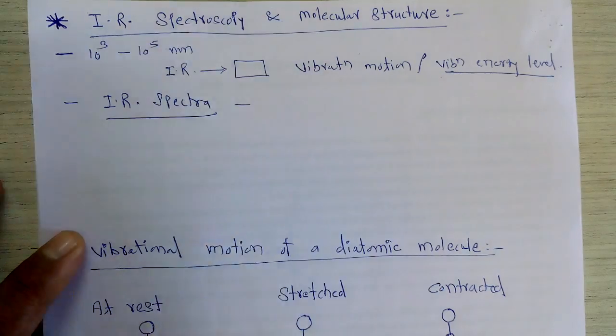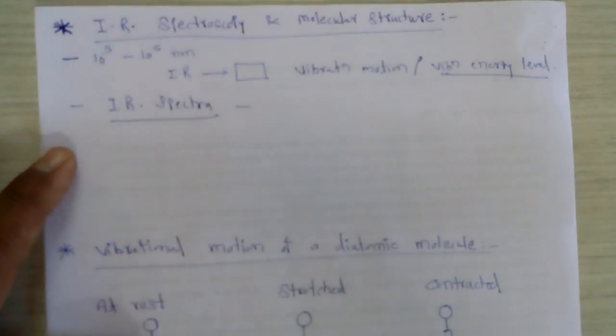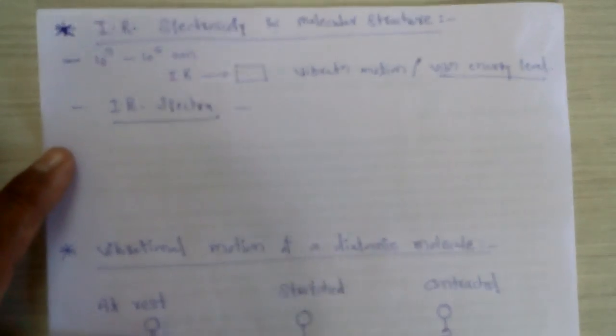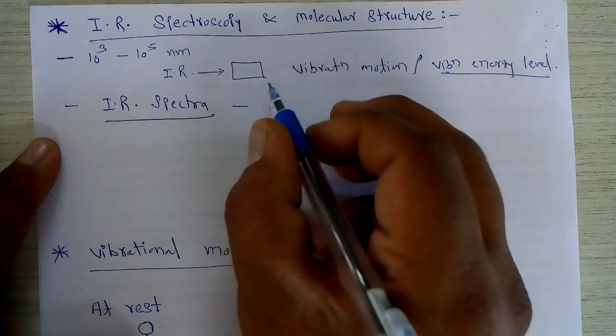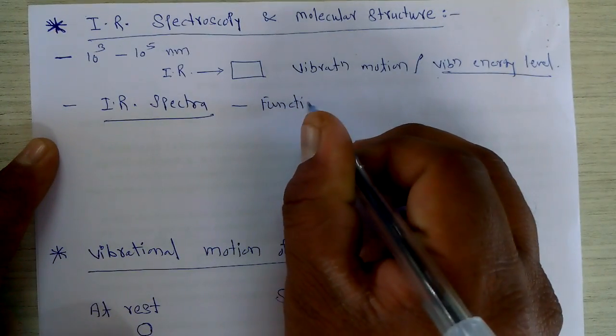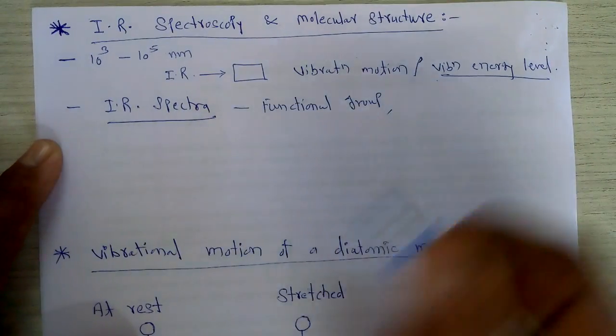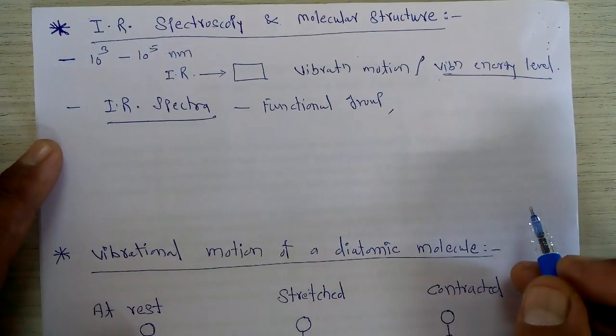Now this spectrum gives us information within a very short time span regarding the functional group of the molecule. This is the first important information we get from the IR spectrum.